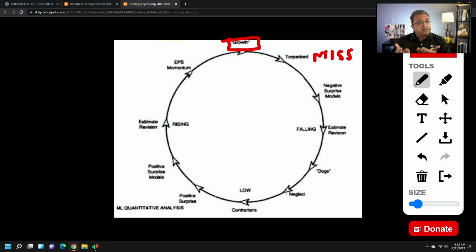And then contrarian investors, the people who focus on these beaten down stocks, or value investors, start sniffing around at these stocks, and then a turnaround happens, or the stock has a positive surprise. And when the stock has a positive surprise, you will see that the stock starts moving.